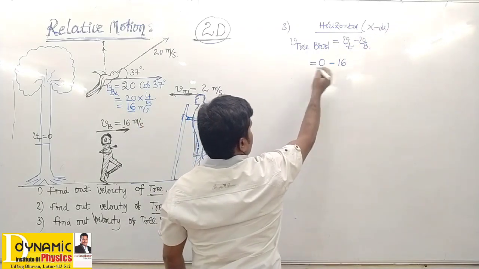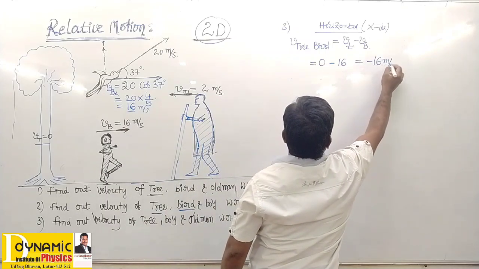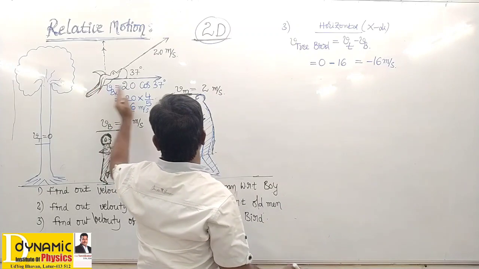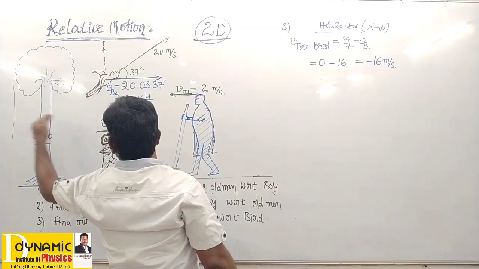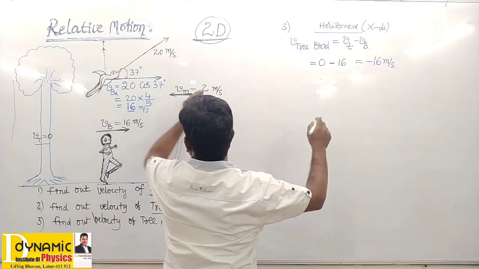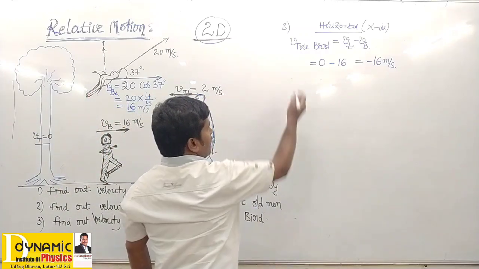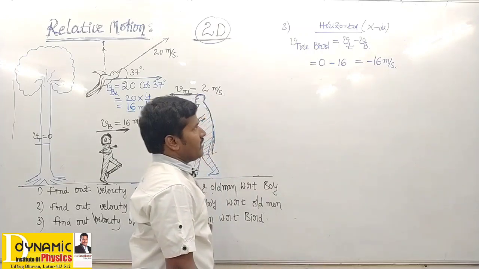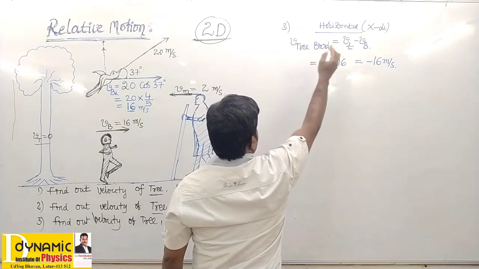So this value equals minus 16 meter per second. When the bird is moving forward, the tree looks like it is moving backward. That means bird forward, tree backward, so this is minus 16 meter per second. This is the horizontal condition.